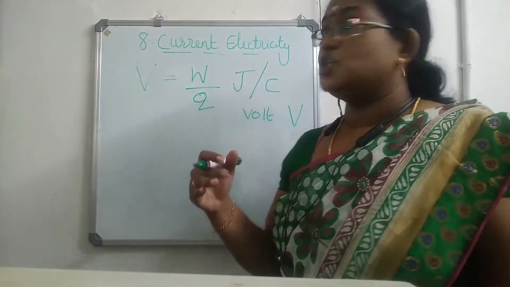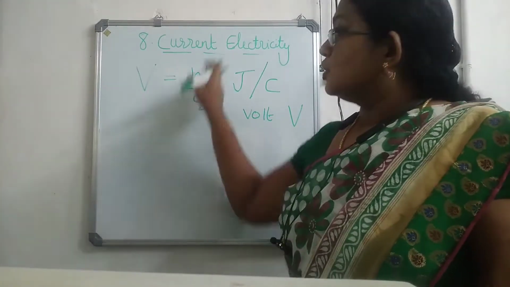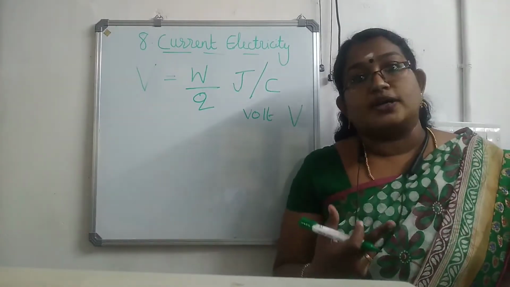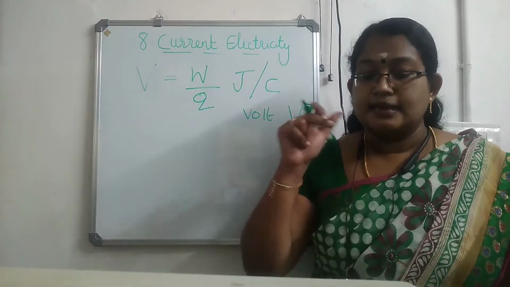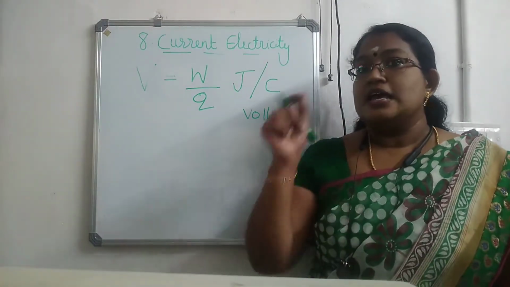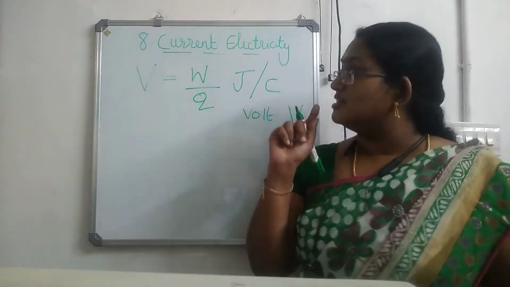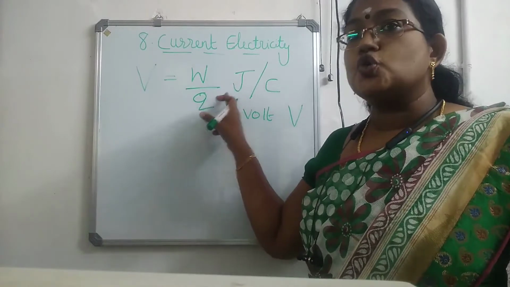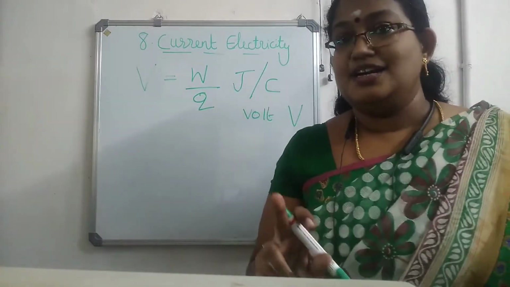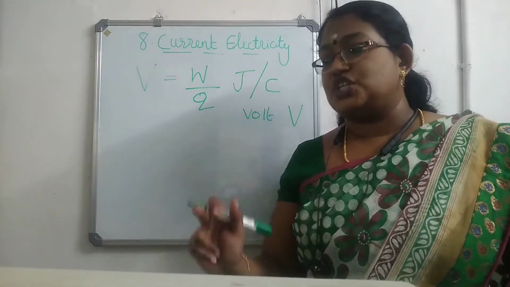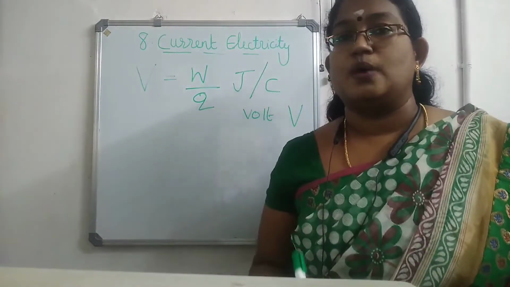Now we need a definition for volt also. So with this equation, how can you define 1 volt? Or when can you say that the potential at a point is 1 volt? The potential at a point is 1 volt when 1 joule of work is done in order to move 1 coulomb of charge from infinity to a point.